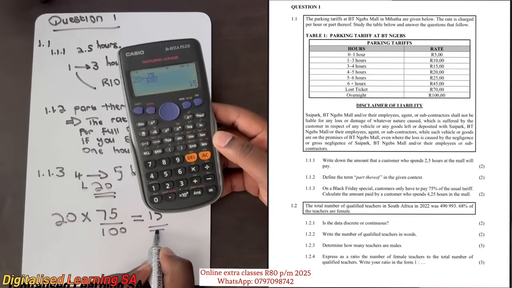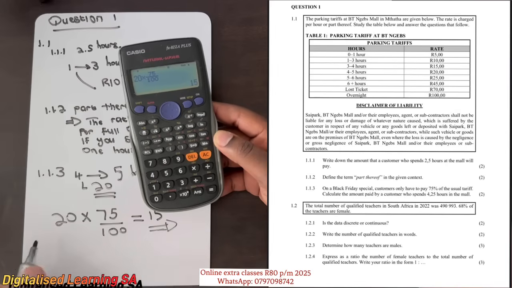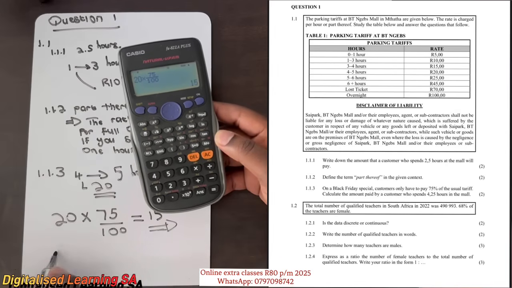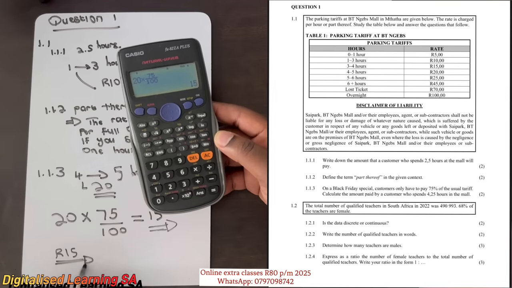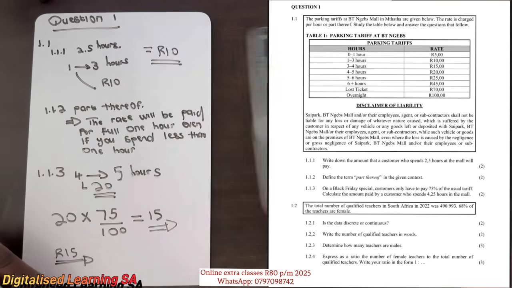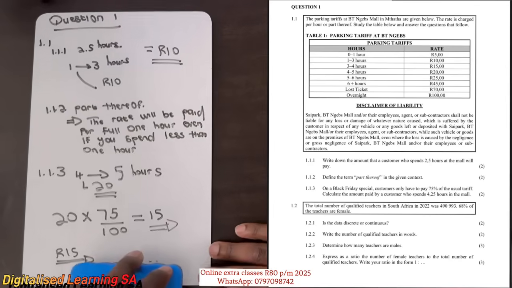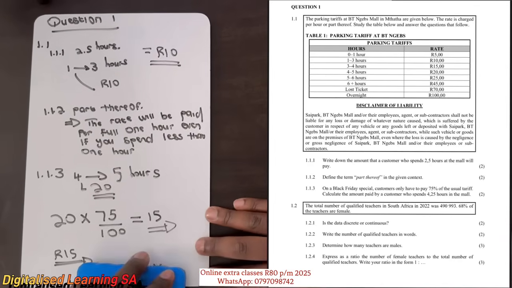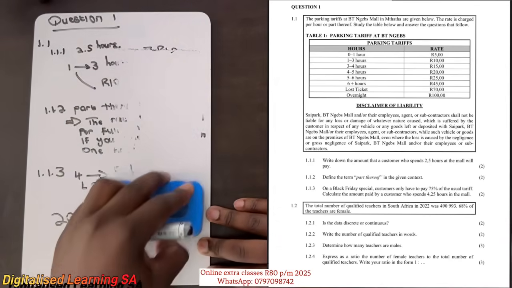So 15 will be our final answer. We can also include an R to show that it's a price. Now we are done with question 1.1, and we will be moving to question 1.2. To do that, we can just create space.